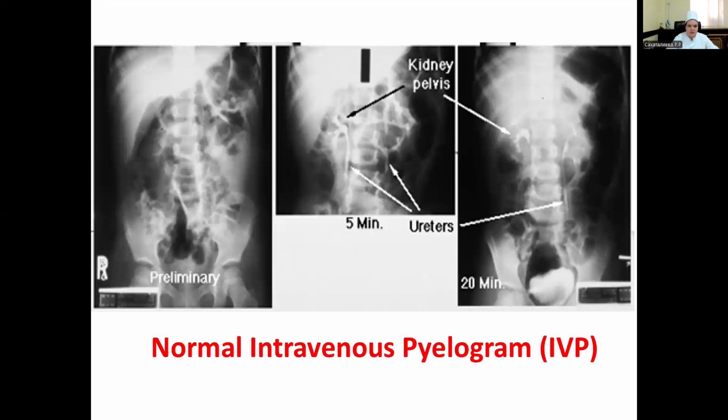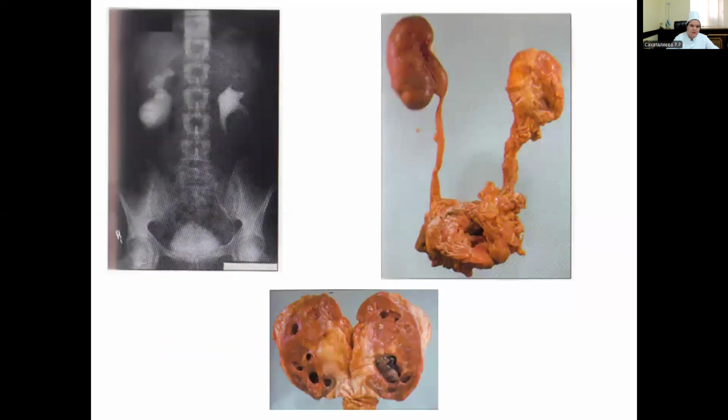In this picture, you can see a normal intravenous pyelogram compared with one showing hydronephrosis. And in this slide, you can see a micropreparation of the urinary system, showing hydronephrotic changes of the kidney.